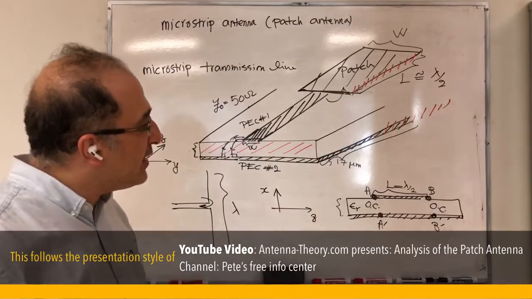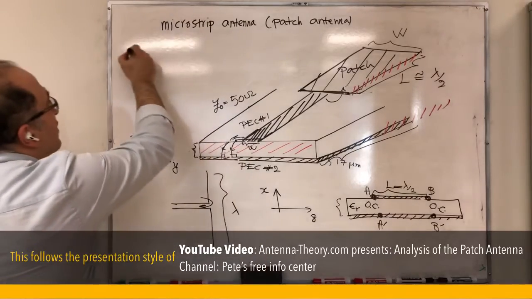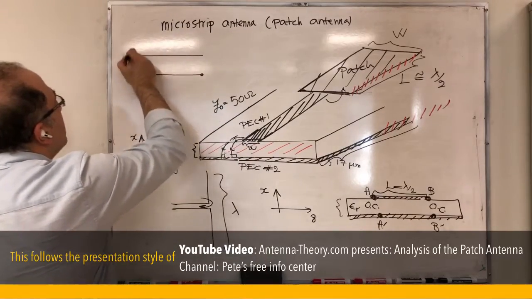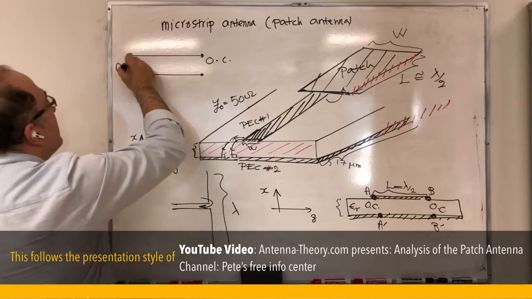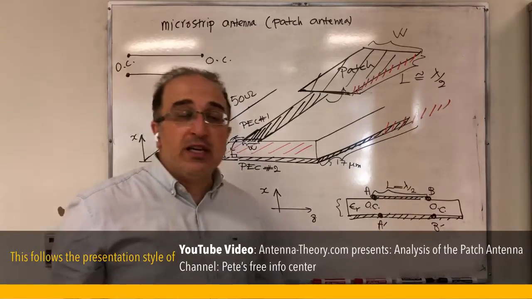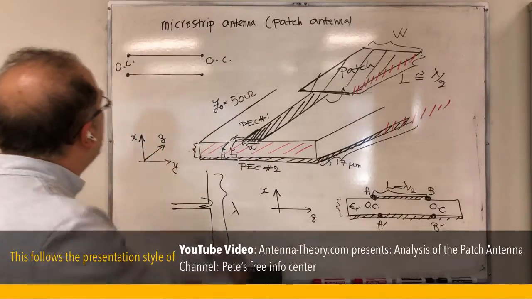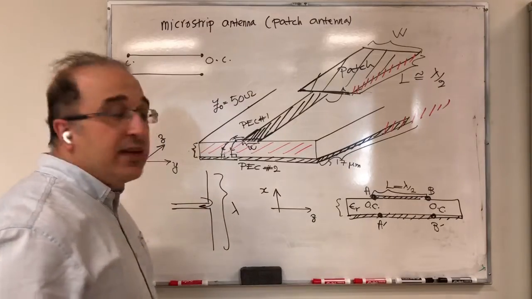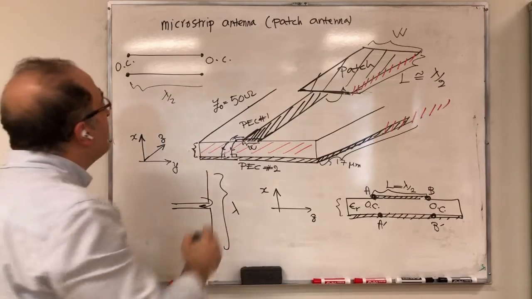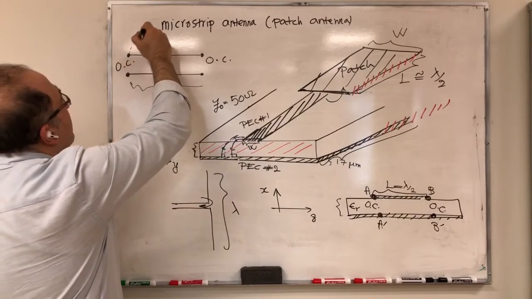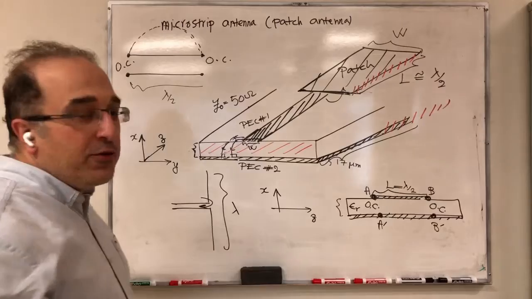So from the transmission line point of view, it's like having two wires where you've induced energy in the system, and here is open circuit, here is open circuit. Now the question is, what is your current distribution in a situation like this? At open circuit, we expect zero current, and then it is about half a wavelength. So your current is very clear. It's zero here, and then half a wavelength later, it goes back to zero. So essentially, you're going to have half of a cosine.